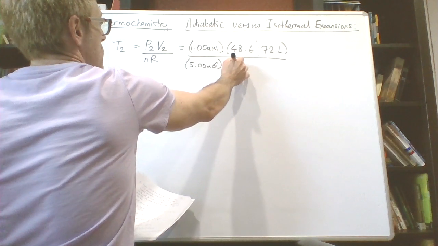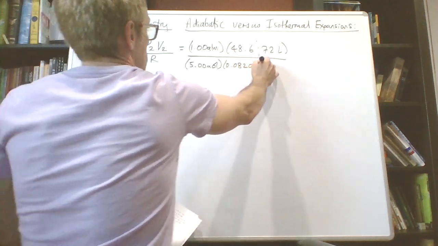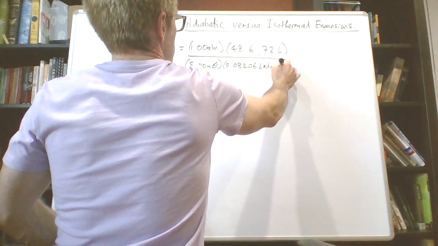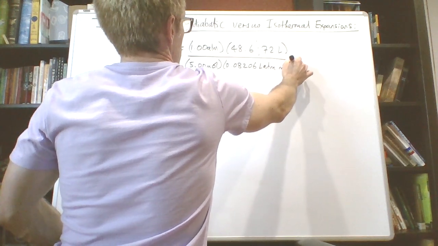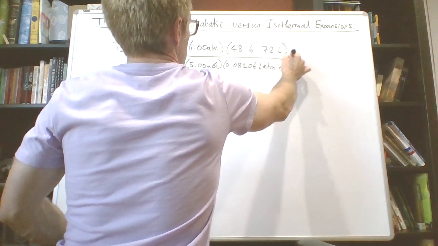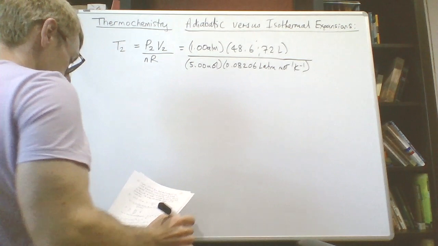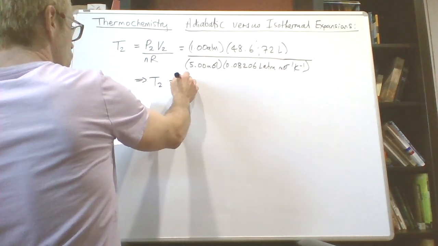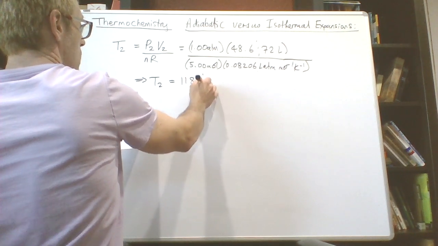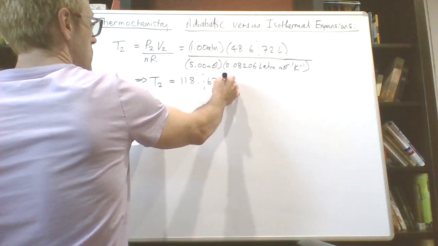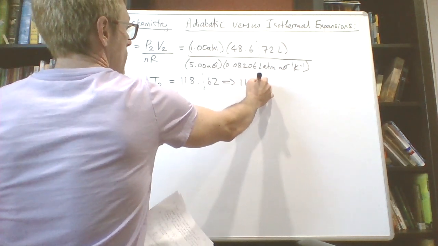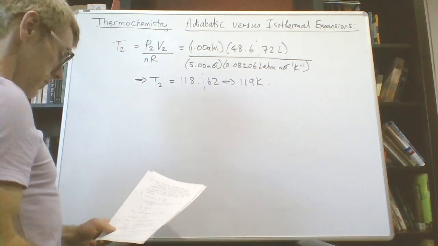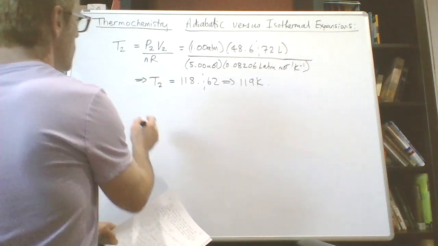R is 0.08206 liter atmosphere reciprocal mole reciprocal Kelvin. And this implies that our final temperature is 118.62, so 119 Kelvin. Okay, it has to be in Kelvin.